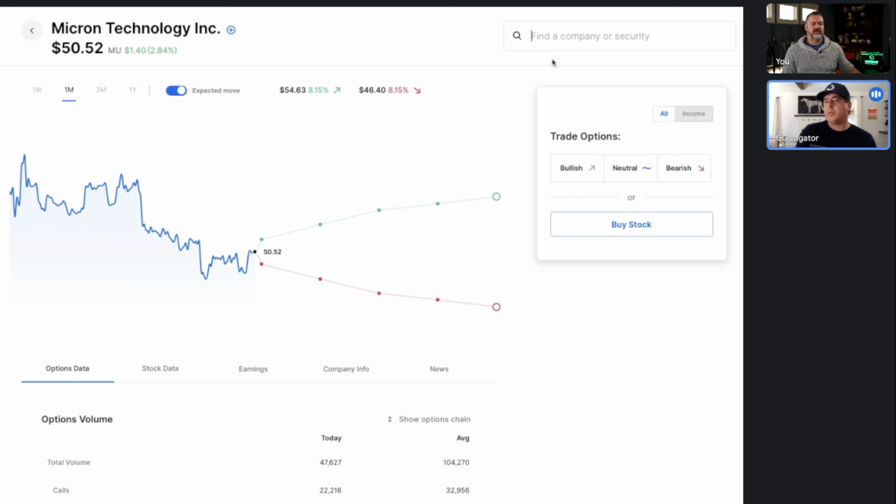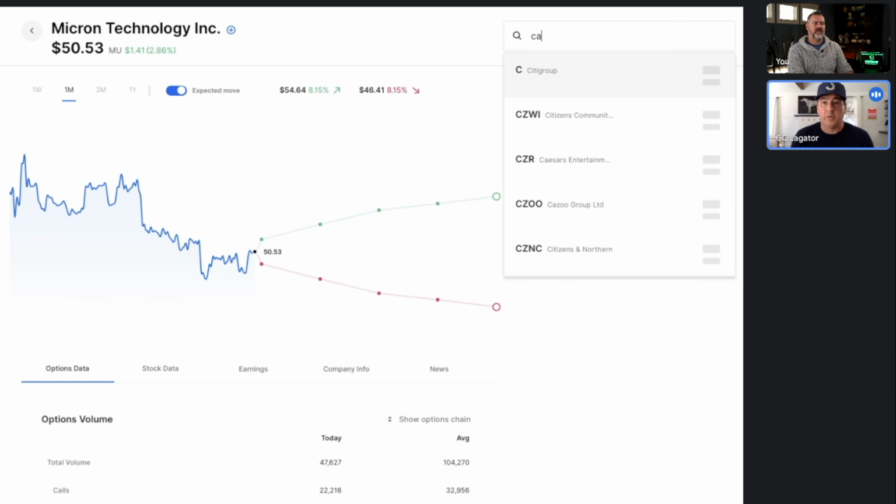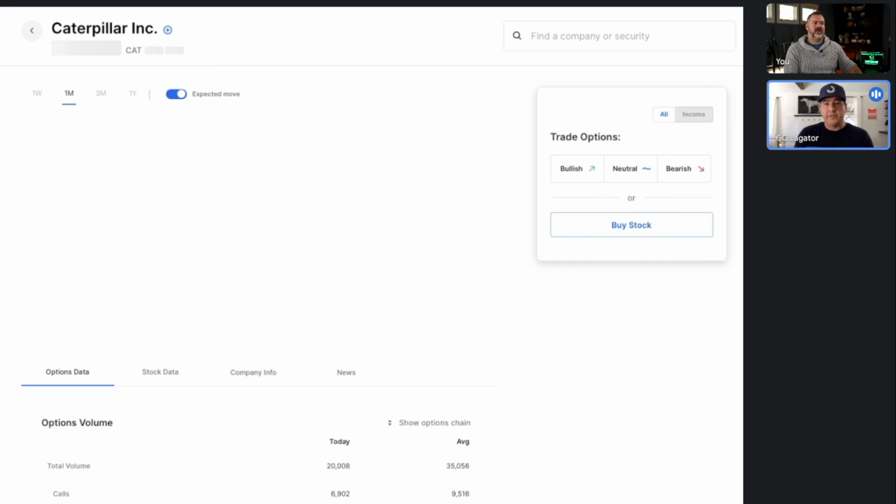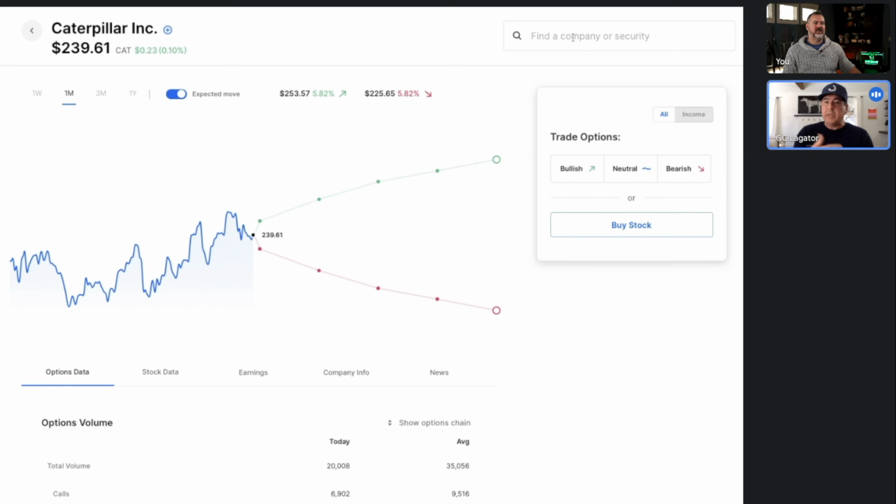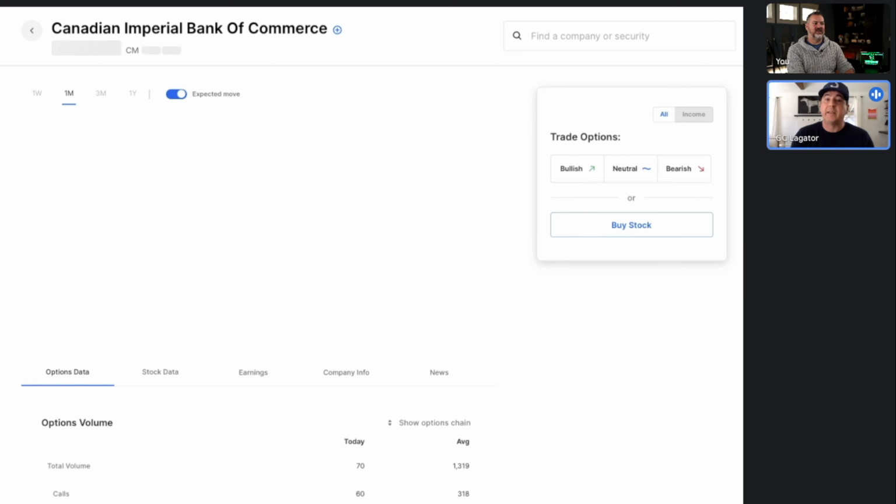But if Micron were reporting earnings, you'd see a massive bulge. Let's say they were reporting earnings 2 weeks from now, you'd see it spike outward, right? And what that's telling you visually is that people aren't expecting large moves in Micron leading into earnings, but they are really expecting one out of earnings.